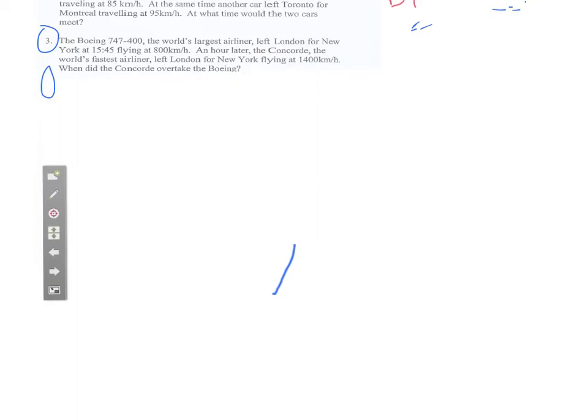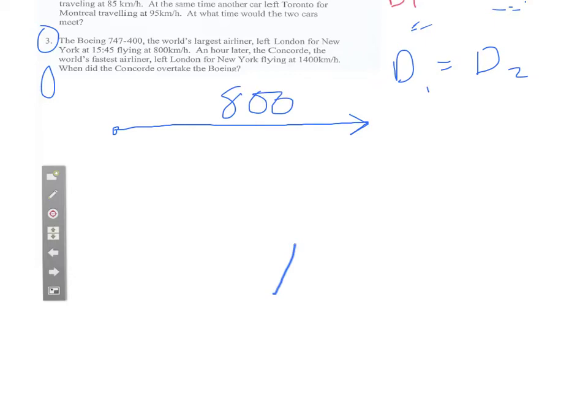Okay. Number 3 is one of those distance problems where distance equals distance. So we have two planes. We have a plane leaving London, traveling at 800 kilometers an hour, and it leaves at this time. That doesn't really matter. What does matter is that this other plane leaves an hour later.